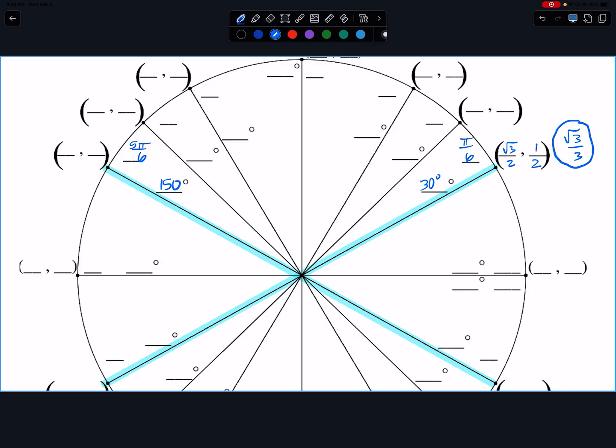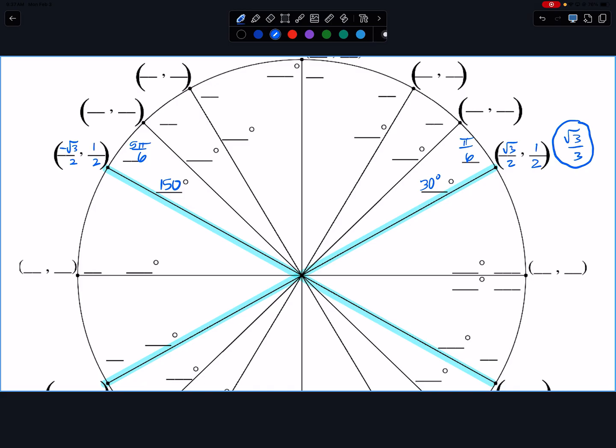Okay? So right here, if this is the 30 degree angle, I put it in quotes because this is how I want you guys to think about it. If this is the 30 degree angle in quadrant 2, it's going to be the same numbers. The only thing I have to think about is in quadrant 2, which one of these is negative, x or y? X. So it's going to be the same numbers, but it's going to be negative root 3 over 2, comma, positive 1/2.